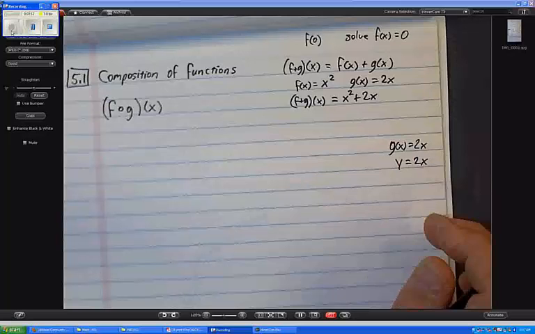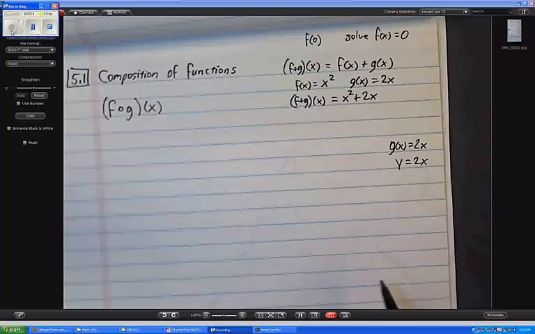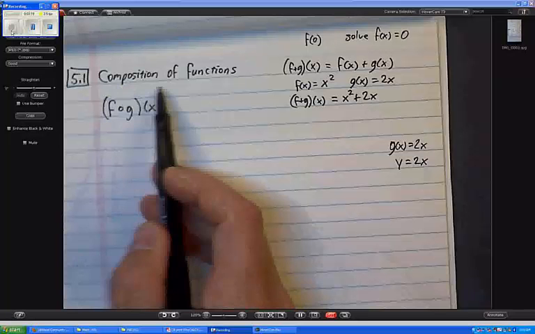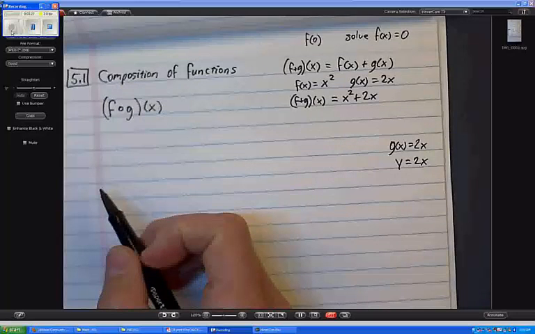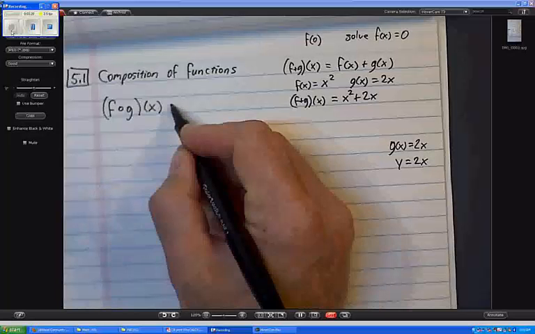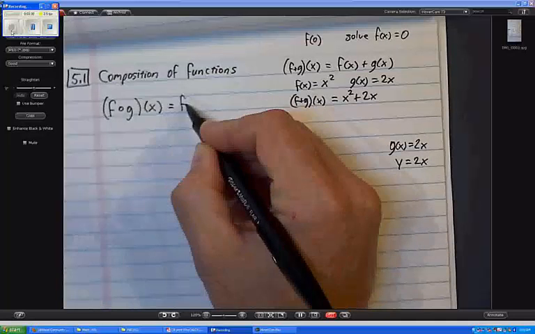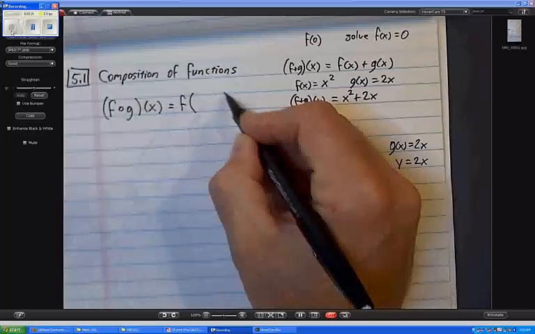Okay? Well, you can also do what's called a composition. This may be new to you. Okay? But it's a way of putting functions together. And what it means is f of g of x. Like that.